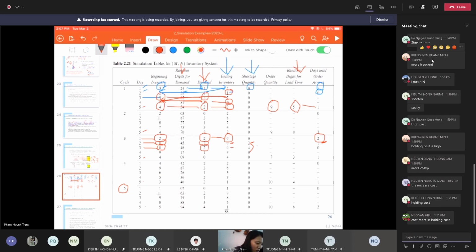So on day 4 we receive 9 units from the previous order. The order has arrived, so we have 9 units. The demand on that day is 1. But we have to subtract another 4 units, as we assume that the customers are willing to wait for us.